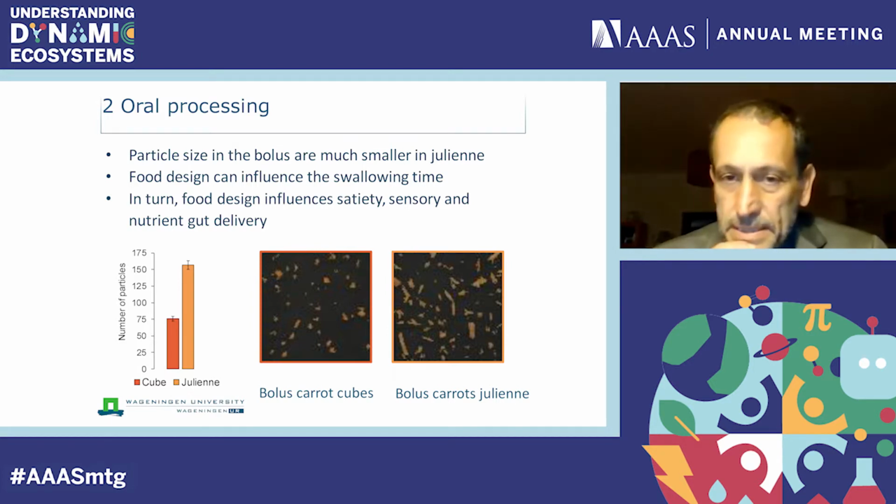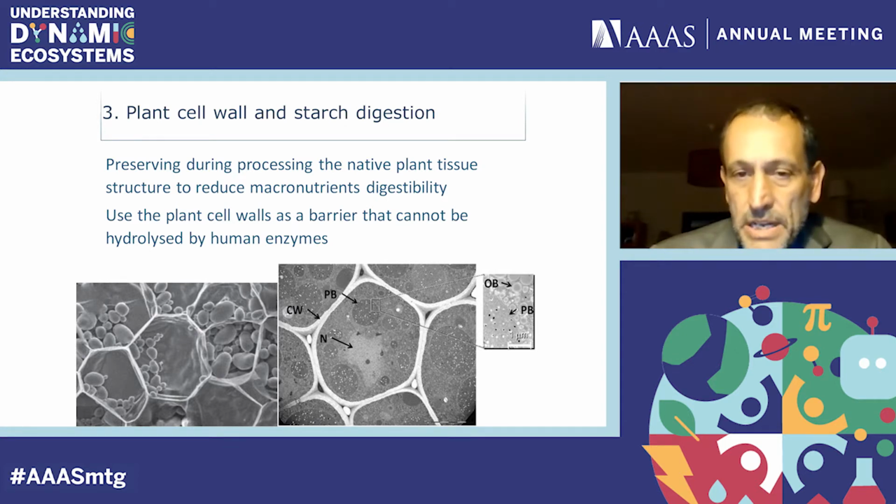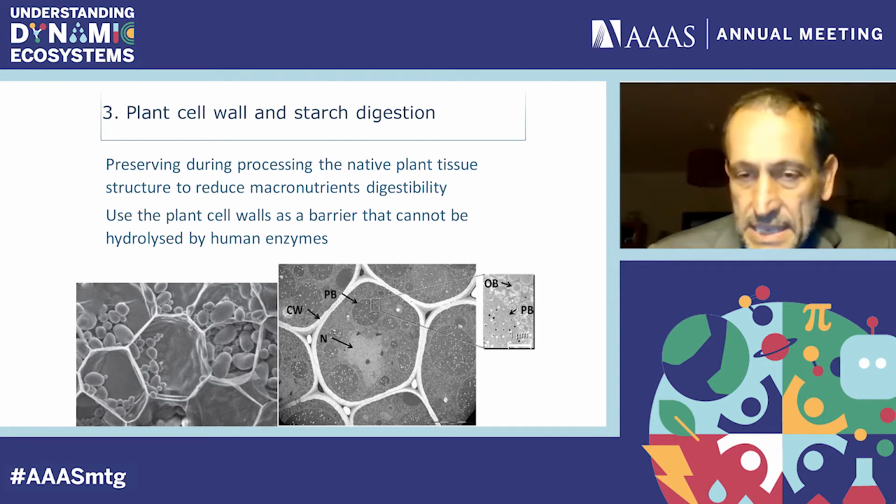The third example I want to give you regards the plant cell wall. We can use intact plant cell wall to limit the digestibility of the macronutrients that are inside the cells. The most classical example regards starch.